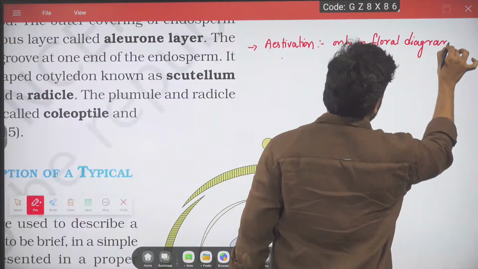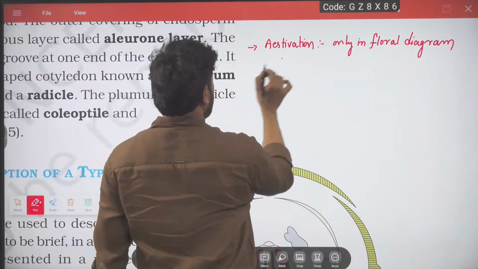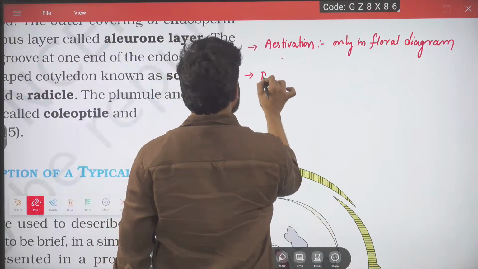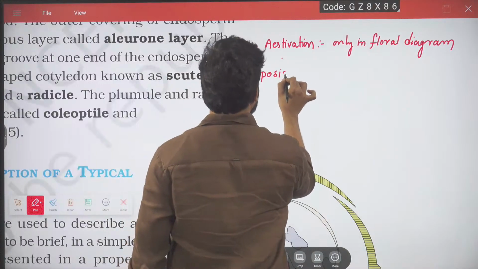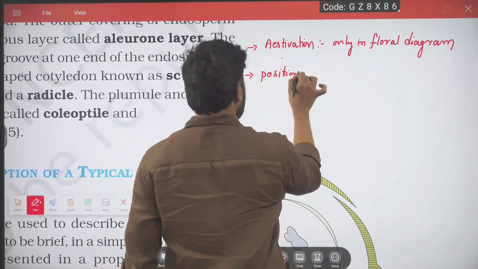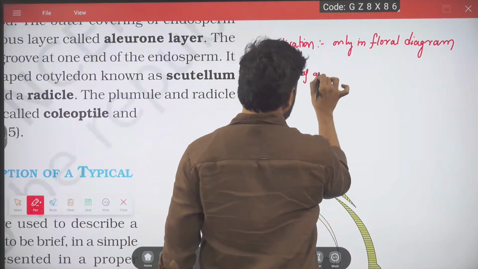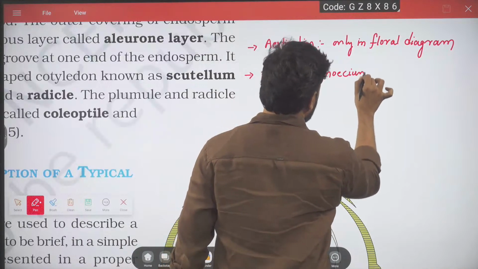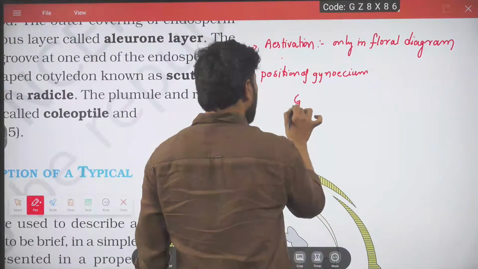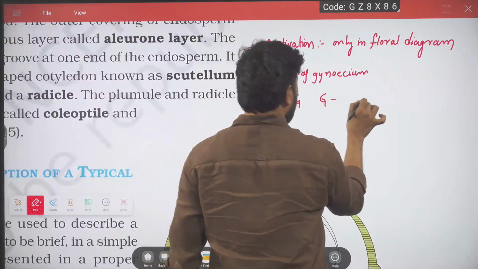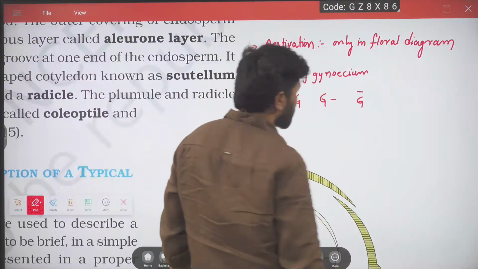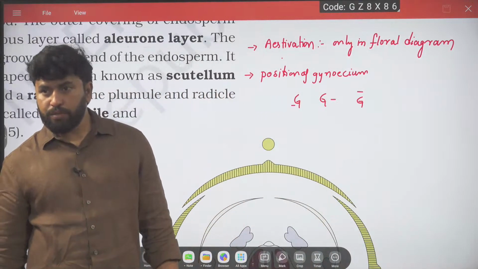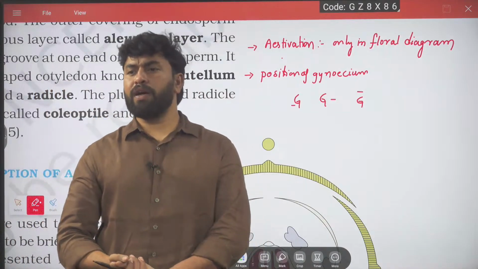Only in floral diagram. But one more is there, position of gynoecium. What do you mean by position of gynoecium? Hypogynous, perigynous, epigynous. Position of gynoecium you cannot represent in floral diagram.